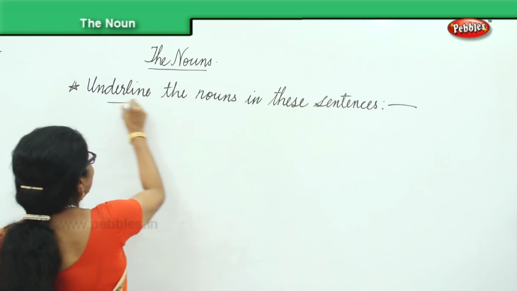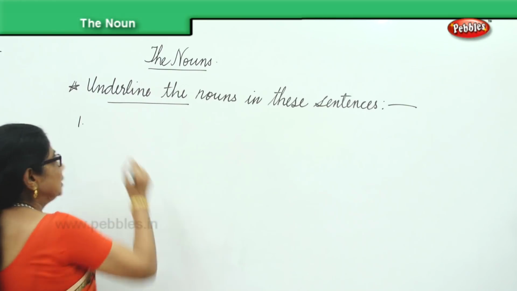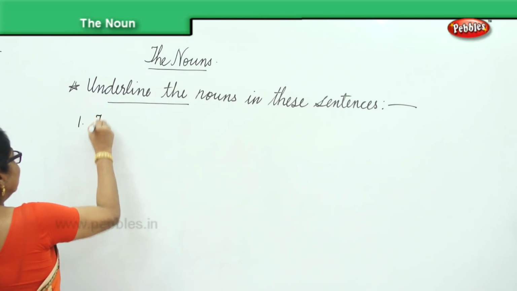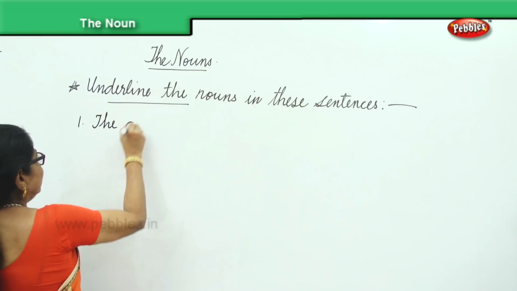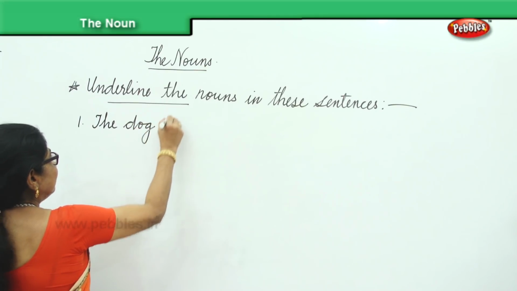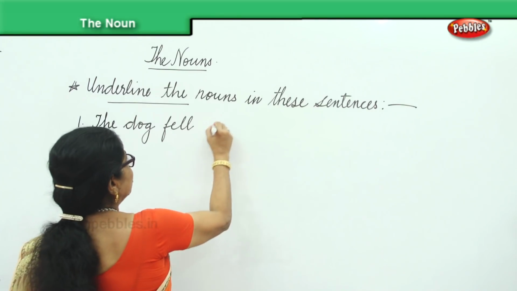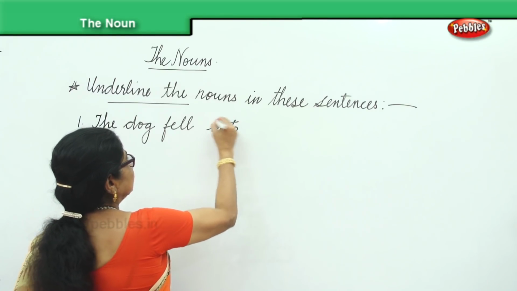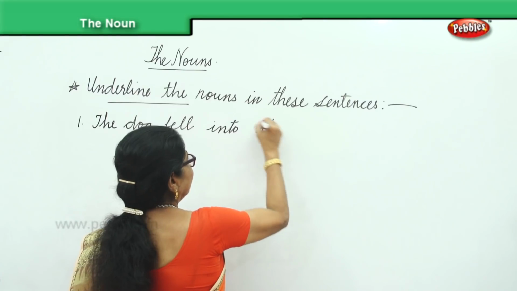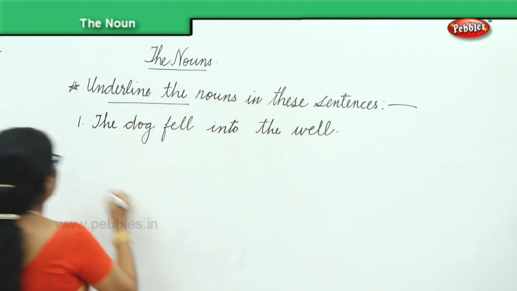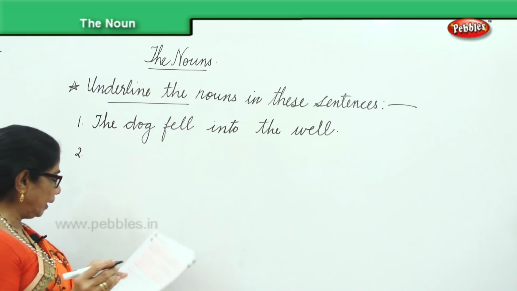So we are going to underline the nouns in these sentences, okay? The dog fell into the well. The dog fell into the well, okay?